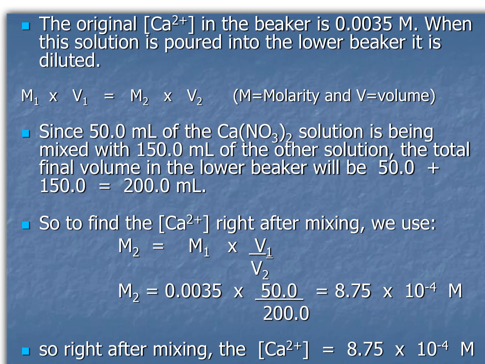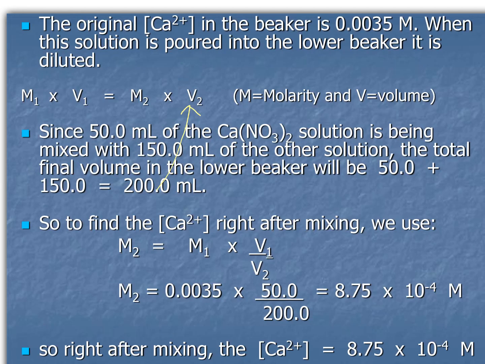So the original concentration of calcium in the beaker was 0.0035 molar, but when we mix the two, the volumes changed. So I need to use my dilution equation. Since 50 milliliters of the calcium nitrate solution is being mixed with 150 milliliters of the other solution, my total final volume, what gets plugged in there, would be 200 milliliters.